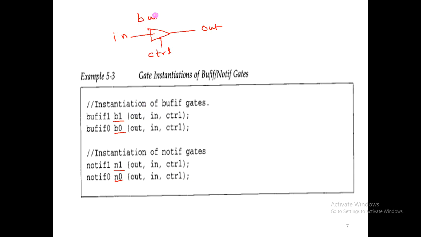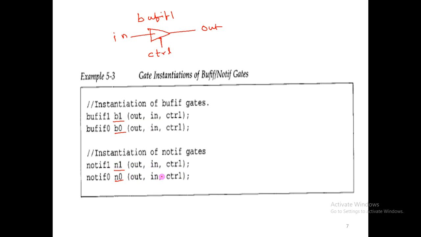Only one example, I am just writing it. So output is occupying the first place of the instantiation. Next place is occupied by input. Last place is occupied by control. This is the format you need to follow whenever you are using bufif or notif, whether it is 0 or 1. Similarly for bufif0, out, in, control; notif1, out, in, control; notif0, out, in, control.